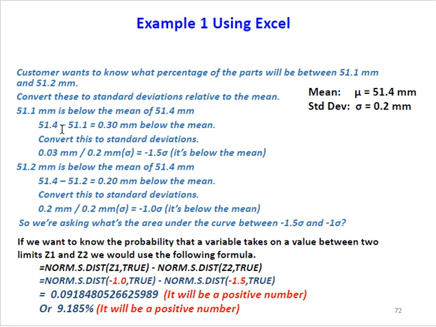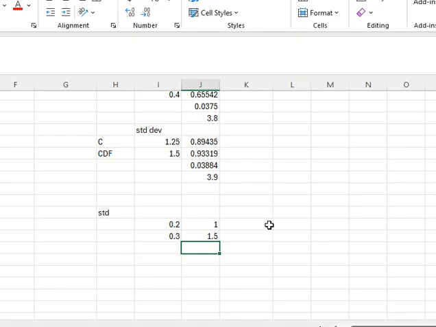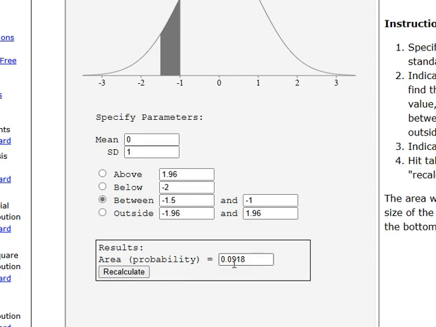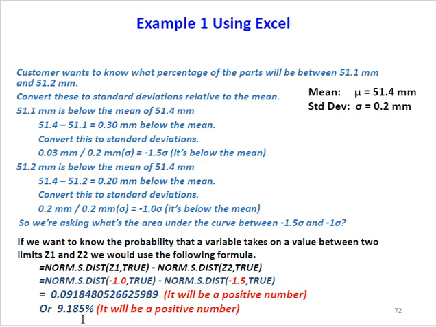First we calculate 51.4 minus 51.1, which I have already shown you, and you get 0.3, and then you divide by 0.2, so you get 1.5, and you do the same thing for 1 here. If you calculate it, you get 0.09, that's 9.18%. So 9.18%, we got the right thing.